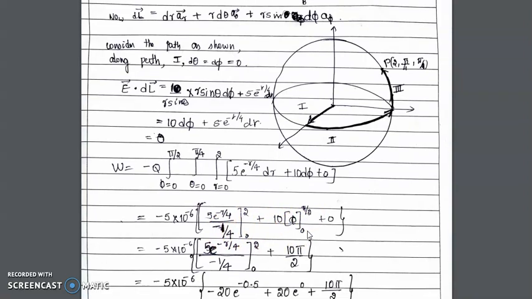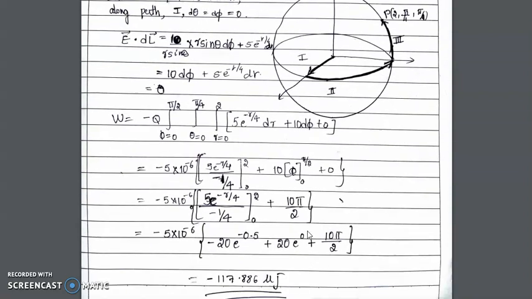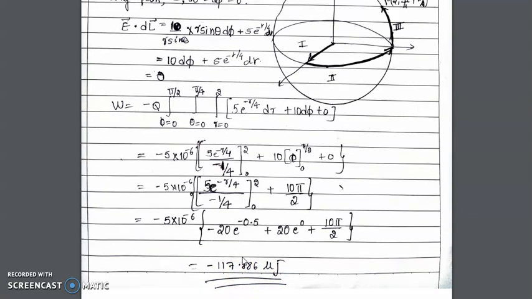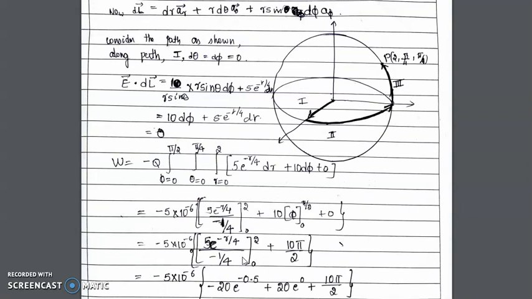Now if you apply the limits and simplify, you will get minus 5 times 10^-6 times [minus 20 e^(-0.5) plus 20 e^0 plus 10 pi/2]. If you simplify, the work done to move a charge from the origin to point P is minus 117.886 microjoules. So this is the work done to move a charge from the origin to point P or point A.